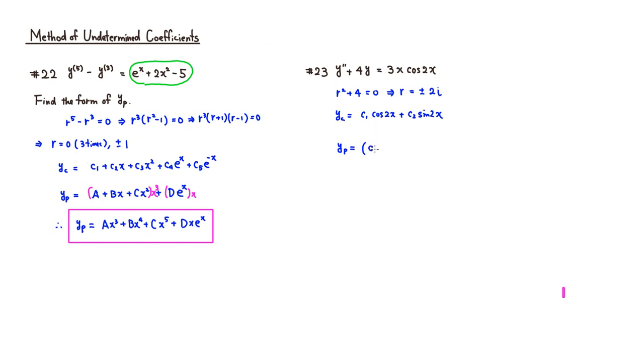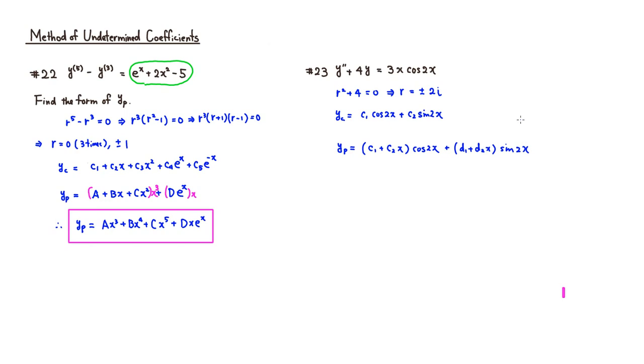So you're going to have probably something like, let's try this. I'm going to write it as c1 plus c2 x times cosine of 2x, plus d1 plus d2x times sine of 2x.